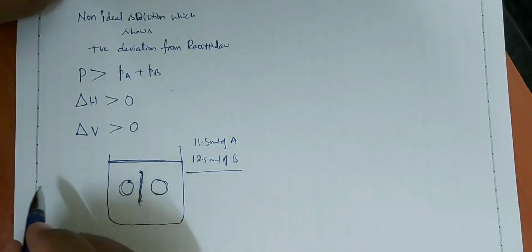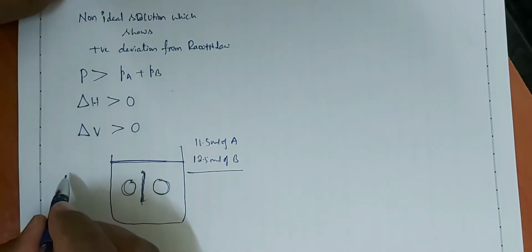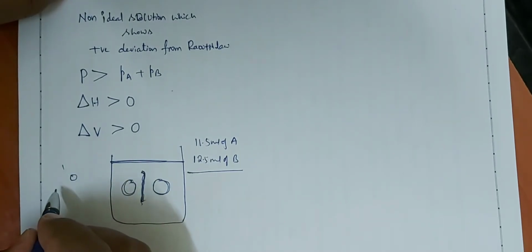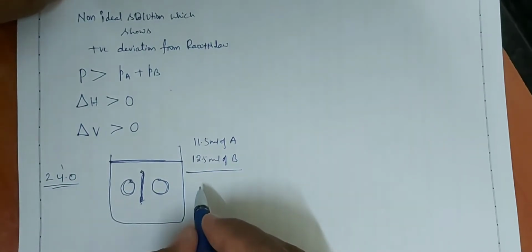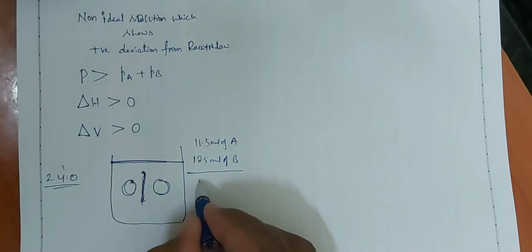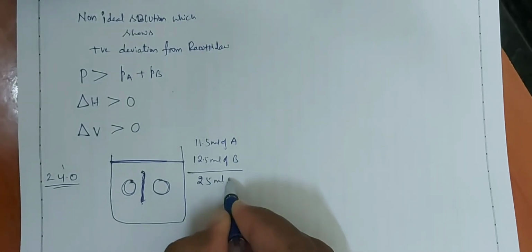Our expected value is 11.5 plus 12.5, so 24 ml must be the total. Is it correct? But the resultant value will show 25 ml of solution.